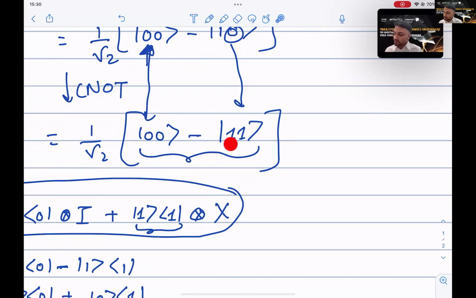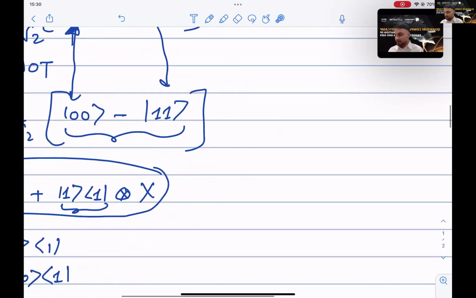And if I know the state of the first qubit is 1, then I know that the second qubit is also 1, and vice versa. So the idea of entanglement is that I don't need to know information about the second qubit if I know the information about the first qubit.